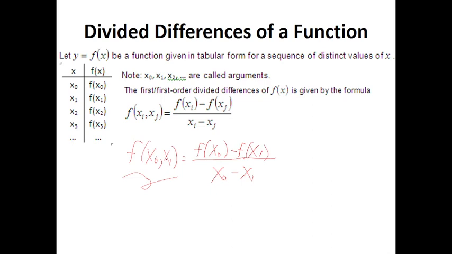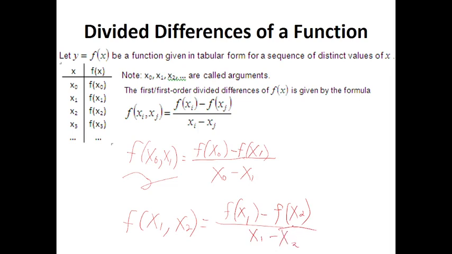Now, likewise, if for instance i is 1 and j is 2, so we have f of x sub 1 minus f of x sub 2 over x sub 1 minus x sub 2.